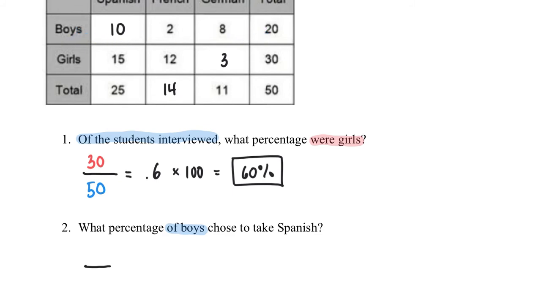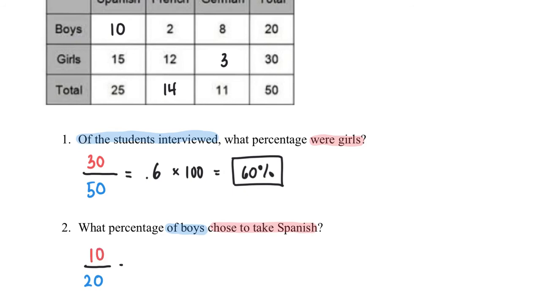So 20 becomes the denominator because we're only talking about boys now. And then it says what percentage of them chose to take Spanish. So I'm only looking at boys now. Where are the boys that chose to take Spanish? They're right here. So my numerator is 10.